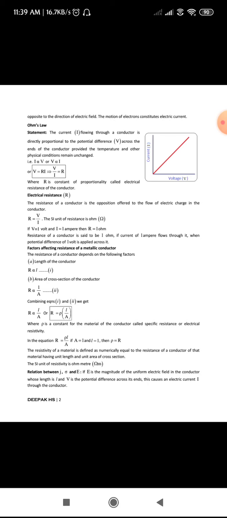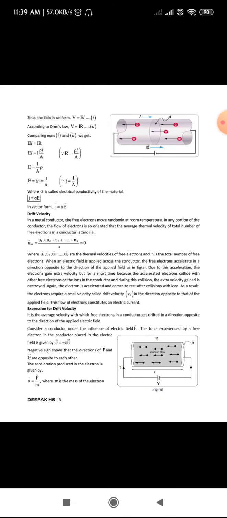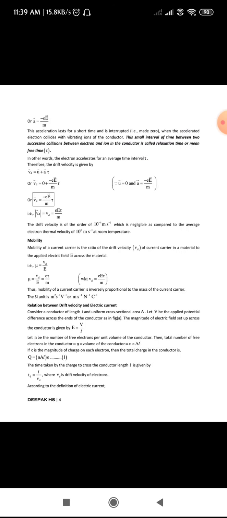Next, the relation between J, sigma and E, that is J is equal to sigma into E. This will be asked for 3 marks. It is an important relation. Next, drift velocity: for 1 mark, write the definition; for 2 marks, the definition with the equation Vd is equal to E tau divided by m.